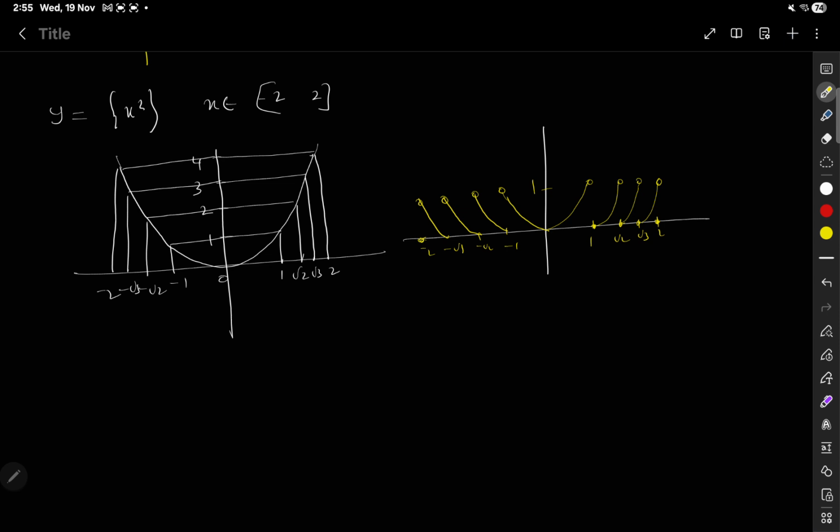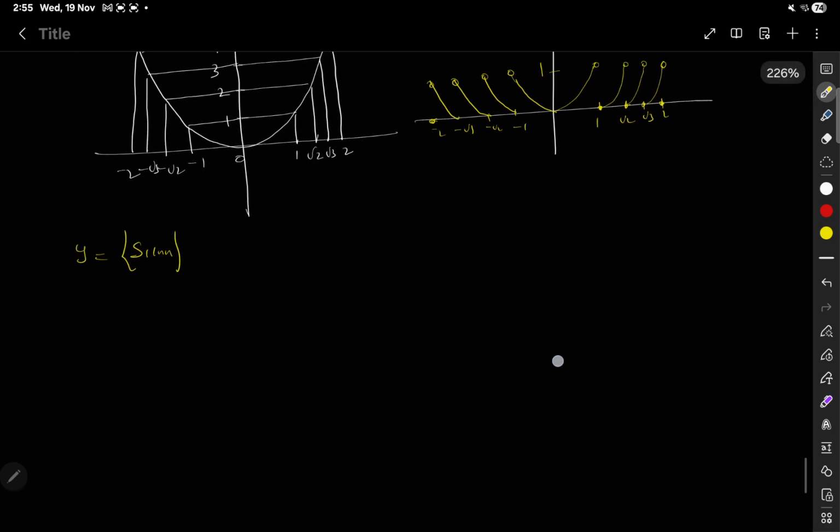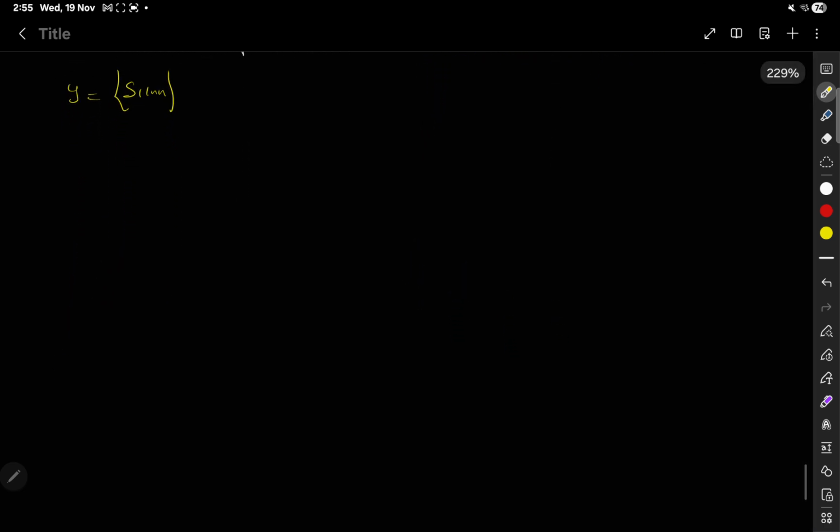Next one is y equal to the fractional part of sin x. That's the next graph. How to do this?